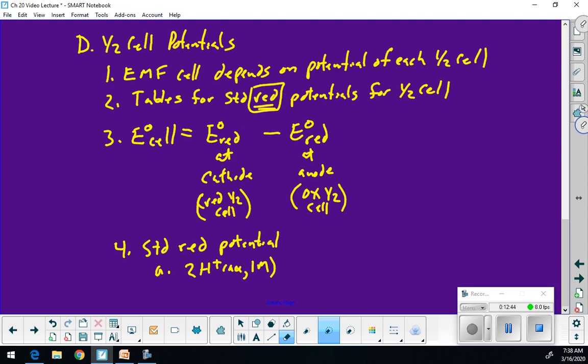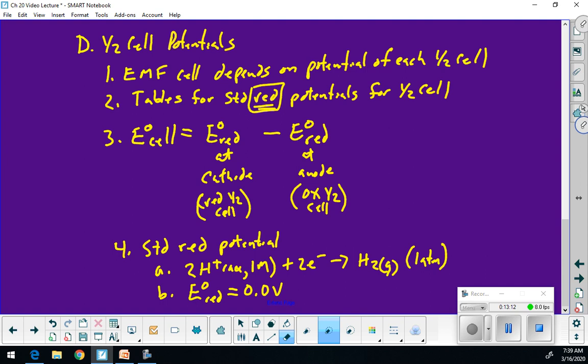Is going to react with 2 electrons to produce H2 gas, and that's got to be 1 atmosphere. And of course, it needs to be at 25C. And when we do that, my standard reduction potential is equal to 0 volts. All right, so that is our standard.